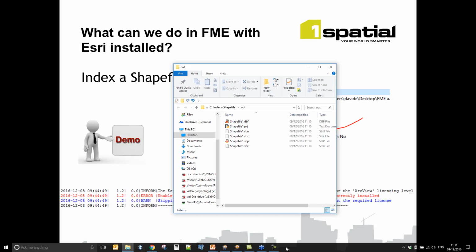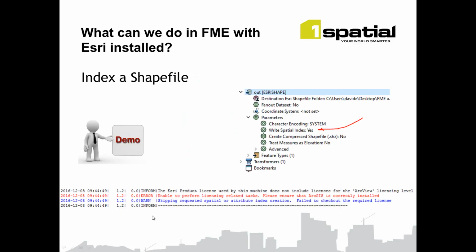So it's a very simple operation, and you can create that spatial index directly using FME, and it borrows that capability from over on the Esri application side. So it just saves you having to go and do that work as a separate step.